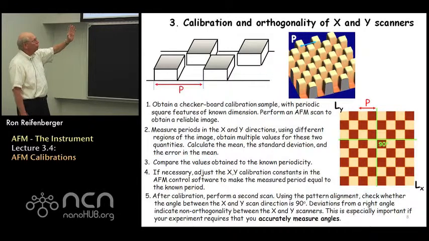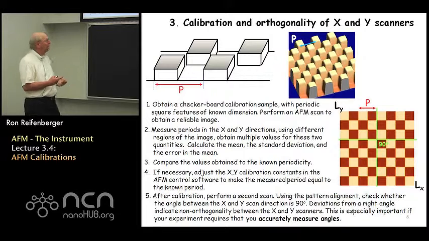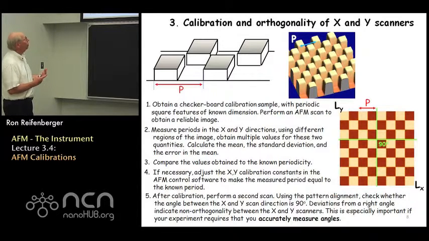You can also check to see if your X scanner and your Y scanner are orthogonal to one another. This means that the patterns that you obtain in your AFM image should be at a precisely 90-degree angle. If they're not, there's a non-linearity, or there's a coupling between your X and Y scanners. They're not oriented at right angles with respect to one another.